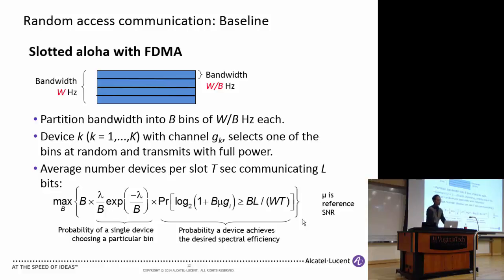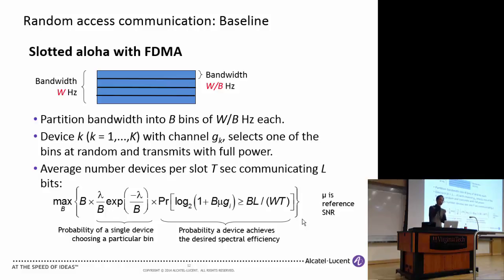That transmission will be successful if two things happen. First, that it's the only device transmitting on that bin. If another device transmitted on the bin, there would be a collision. You could resolve it if you had some sophisticated receiver, but let's assume that if there are collisions, then that transmission is not successful. The other requirement for success is that the link budget is met.